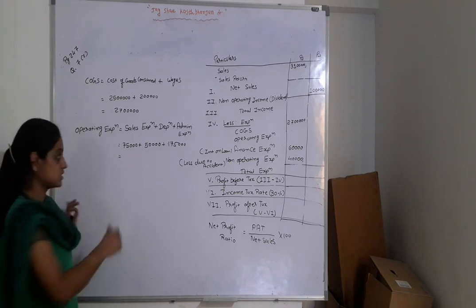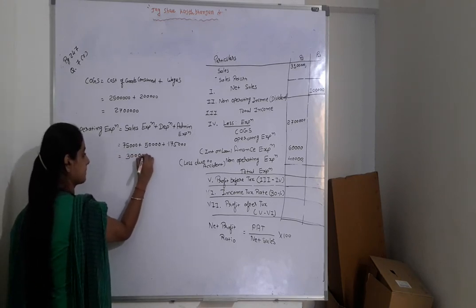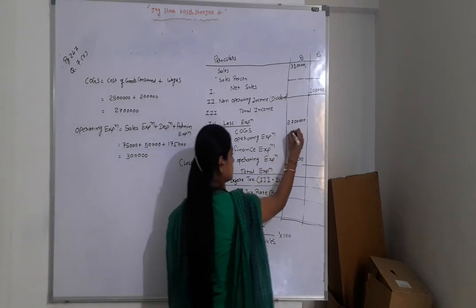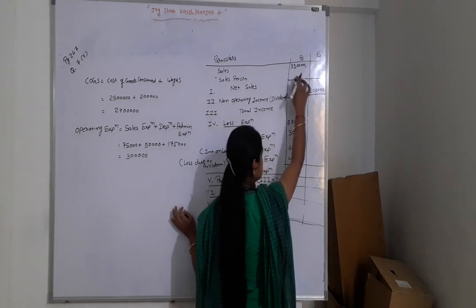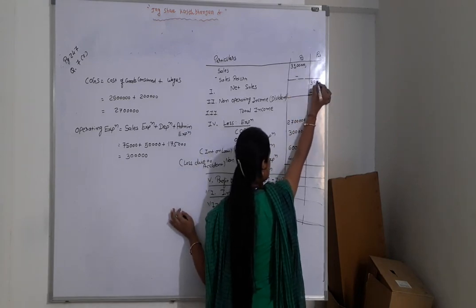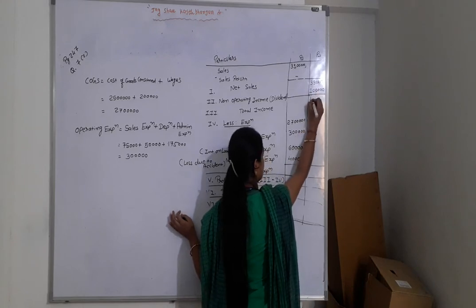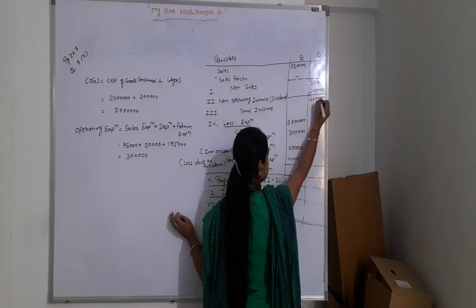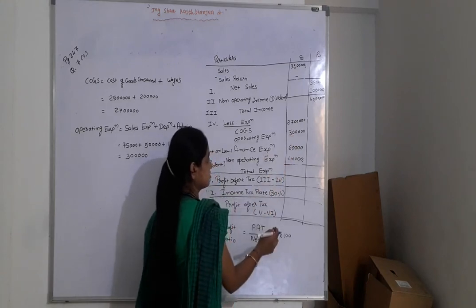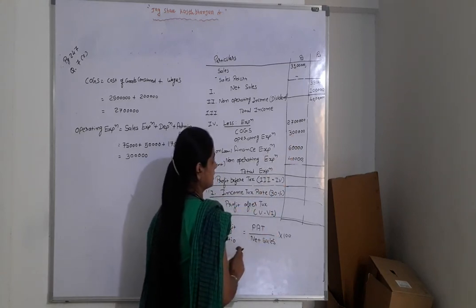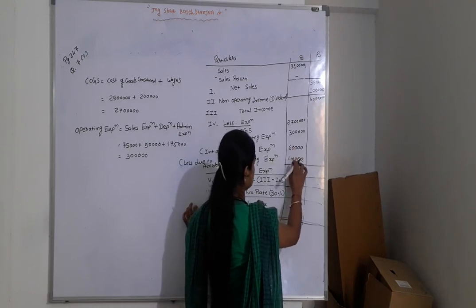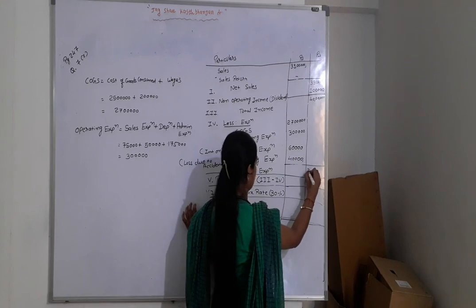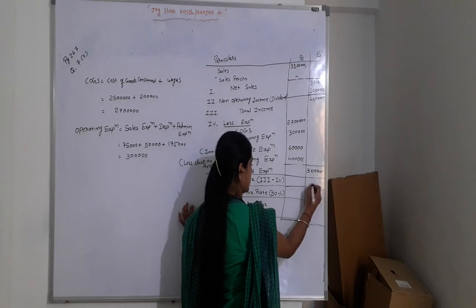Total, that is 3 lakh. 39 lakh, no sales return, that means net sales is 39 lakh plus 1 lakh. Total income 40 lakh. 27 lakh plus 3 lakh plus 6 lakh plus 4 lakh. That means 27 plus 3, 30, 31 lakh. 40 lakh minus 31 lakh, 9 lakh.